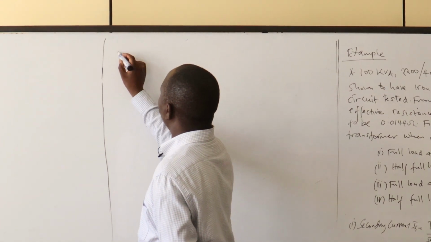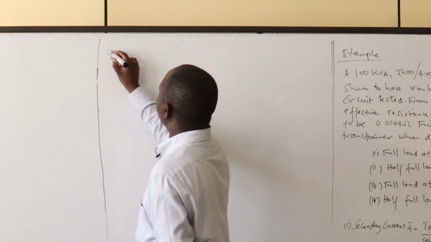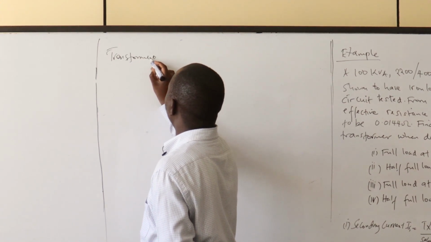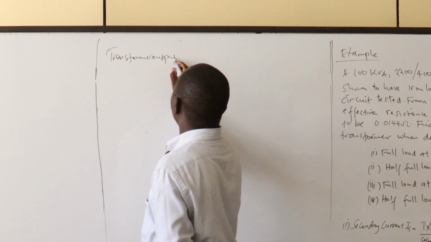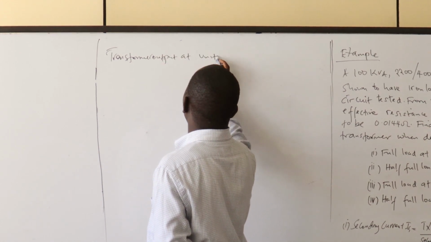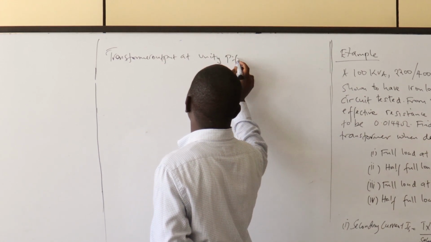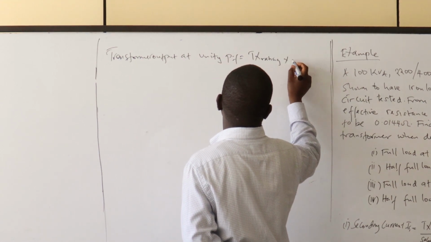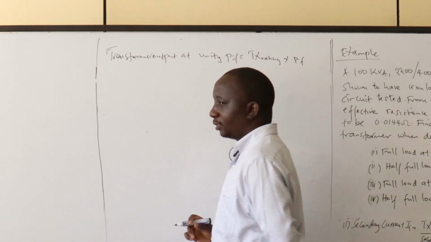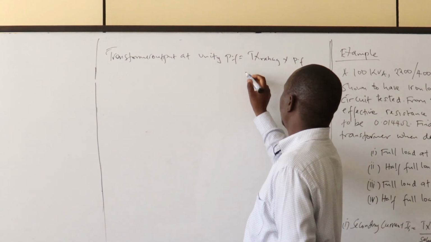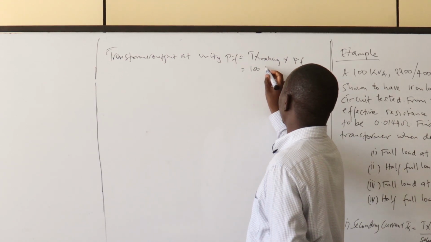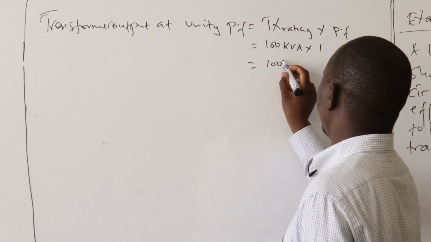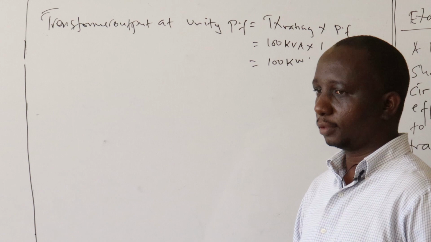The transformer output at unity power factor is the transformer rating times the power factor, which is unity. So we have 100 kVA times 1, which is 100 kilowatts.